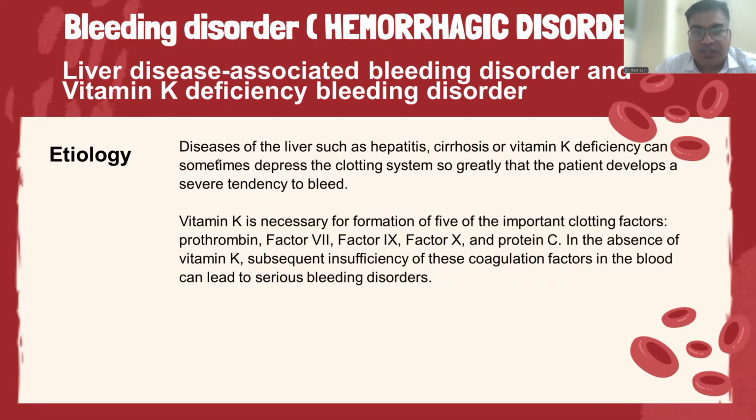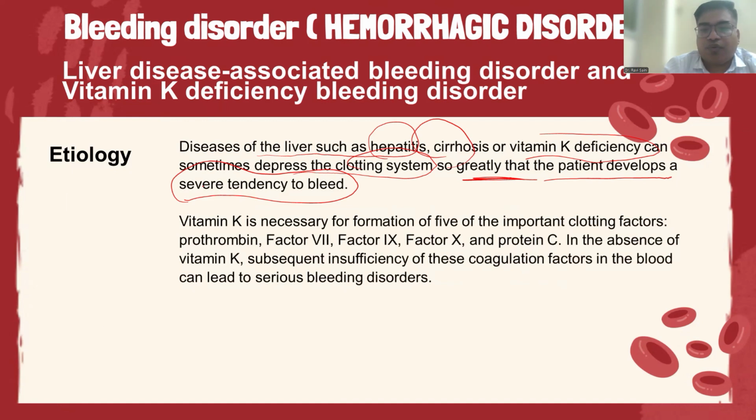Now come to the second section, the liver disease associated bleeding disorders and the vitamin K deficiency bleeding disorder. Diseases of the liver such as hepatitis, cirrhosis, or vitamin K deficiency can sometimes depress the clotting system, which finally results in a tendency of bleeding in patients.